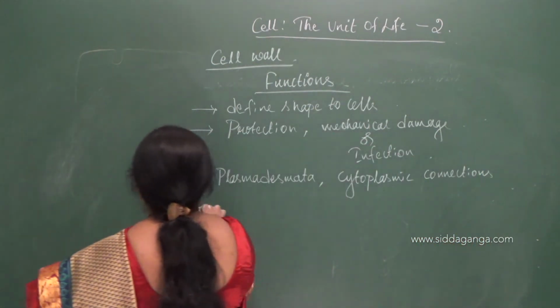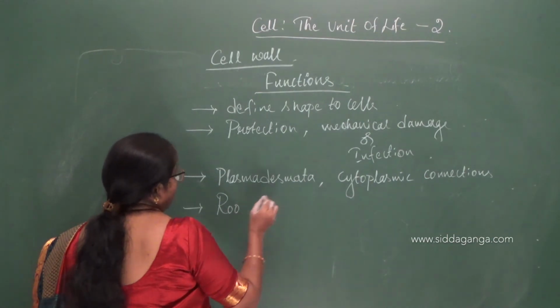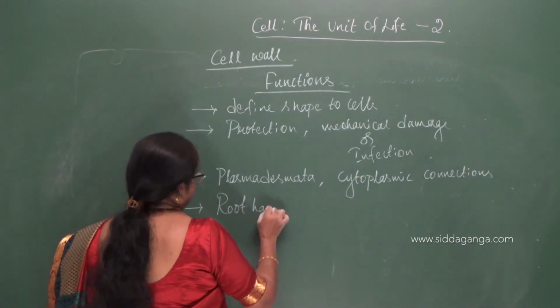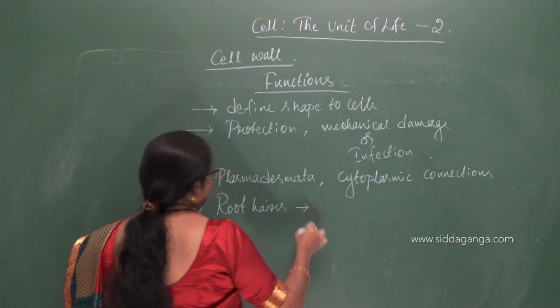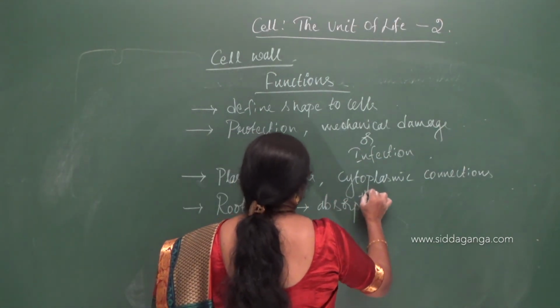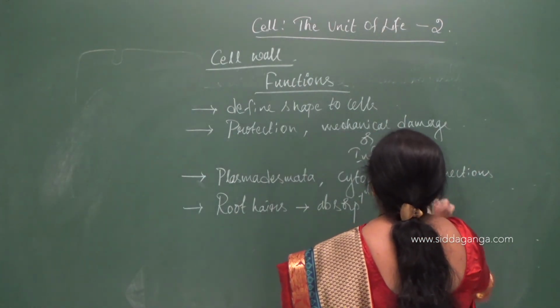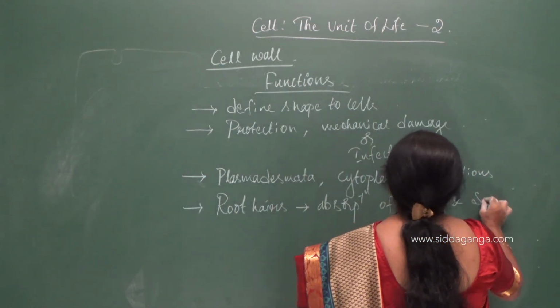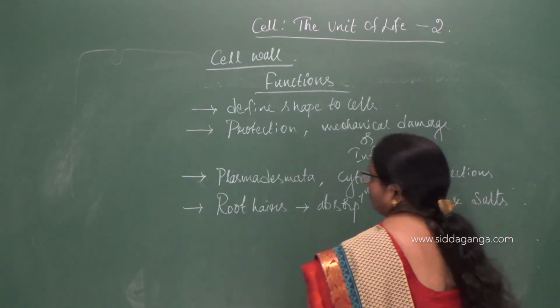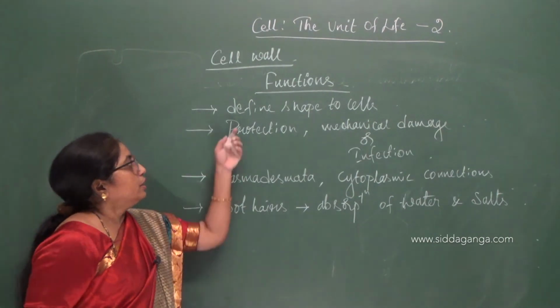And finally, the cell wall in the root hairs helps in absorption of water and salts. So, these are the functions of the cell wall.